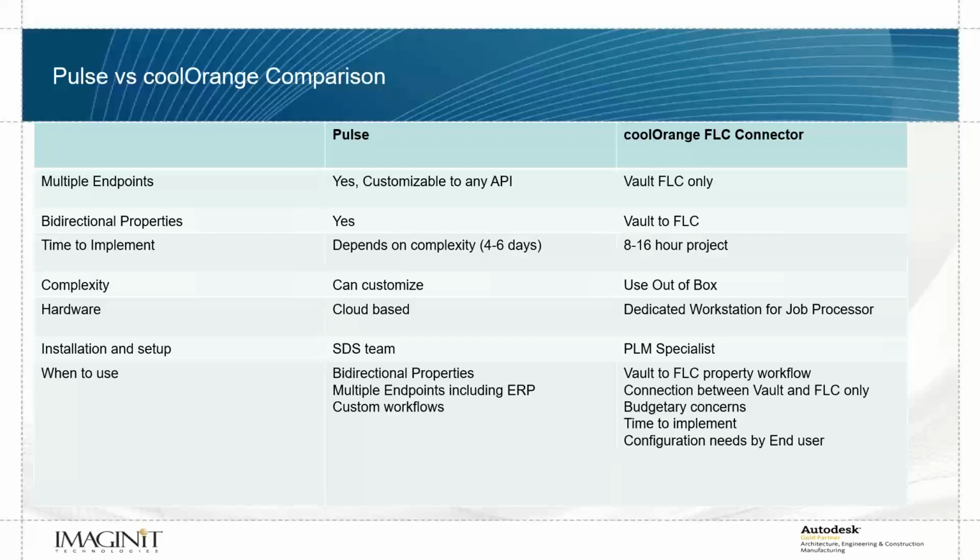So, what's the difference? Well, if you're looking for bidirectional properties, multiple endpoints, and custom workflows, you're really looking at Pulse. If you're looking to have Vault push Vault properties to Fusion Lifecycle, connect only to Fusion Lifecycle and no other particular tools, and if there are concerns about time, how long this is going to take to implement, or budget, then realistically some of the Fusion Lifecycle connector can be configured by an end user.